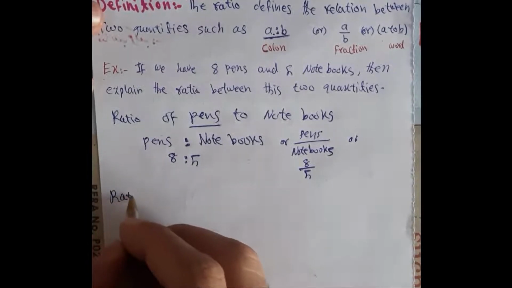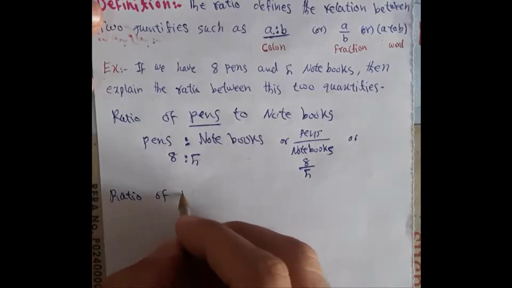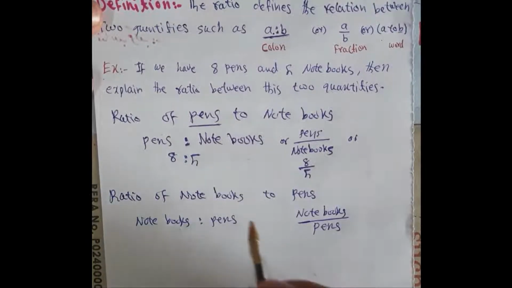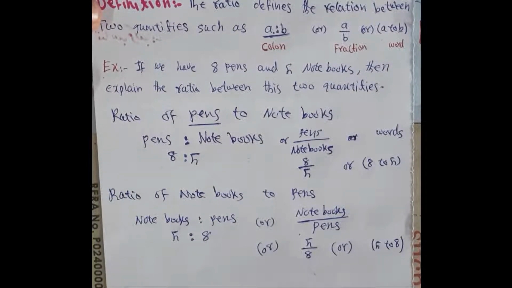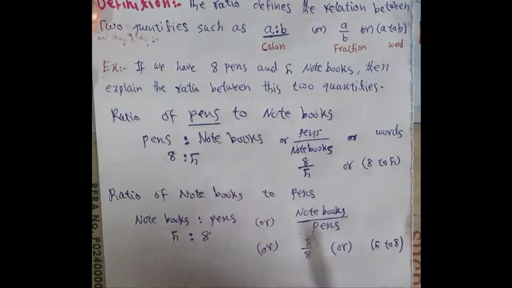We can also write 8 to 5 as words. Here we change the order of notebooks and pens, so it is the ratio of notebooks to pens.